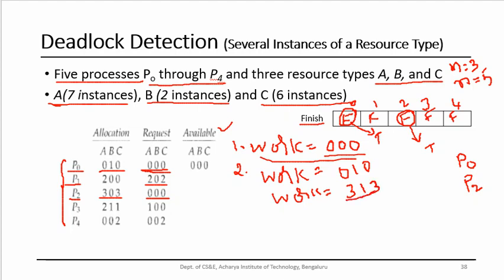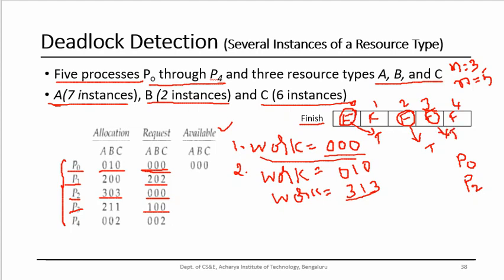Now with this can we meet the request of any other process? That we have to see. Let us go to P3. What is its request? It is 1 0 0. Obviously it is less than or equal to work, so therefore we will make P3 equal to true.